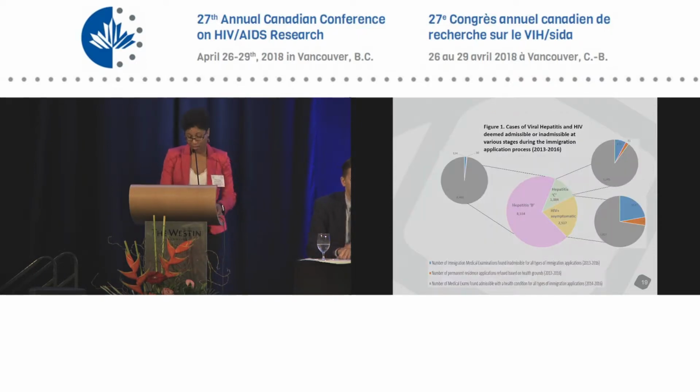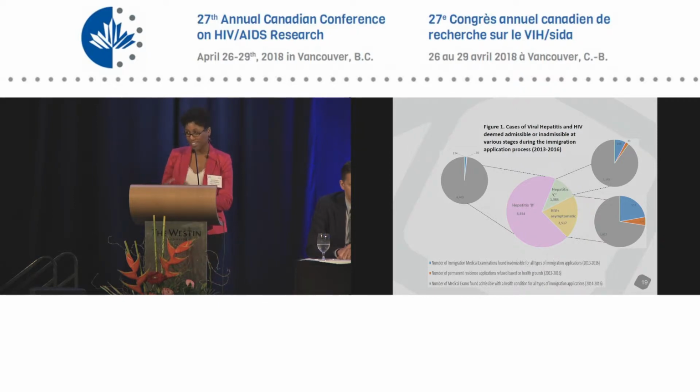Now, this is another view of cases of viral hepatitis and HIV that are found through the IME, or Immigration Medical Examination. We've subdivided those individuals into those who are admissible and inadmissible.